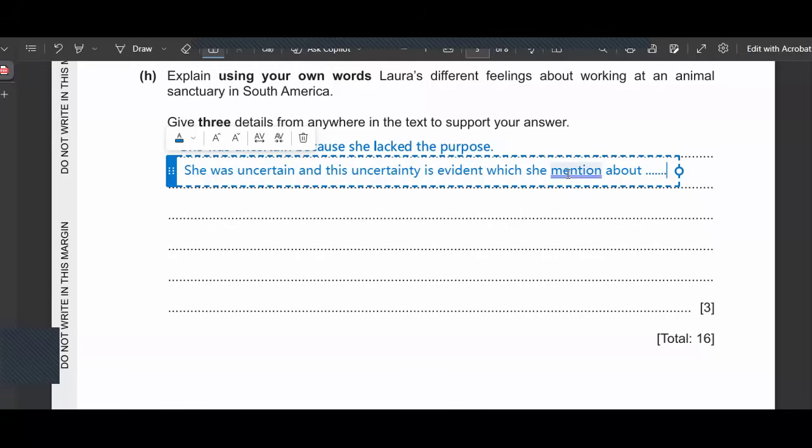So, in both of the ways, the answer is very acceptable.